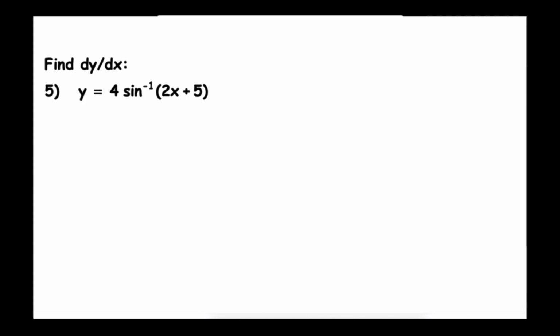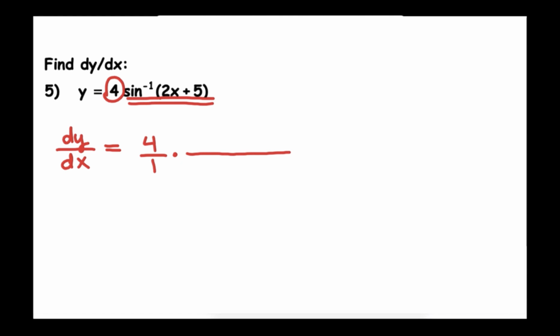Okay, here's number 5. Find dy dx. So let's take a derivative. Of course, the 4 being a coefficient is just going to sit out front. I'll make it 4 over 1 since I know I'm going to have a fraction here. And this is the brand new stuff. It's the arcsine. So I know that the arcsine has the square root in it. Only arctan does not. I know there's a 1 on top. But because of chain rules and stuff, I'm going to call this u.